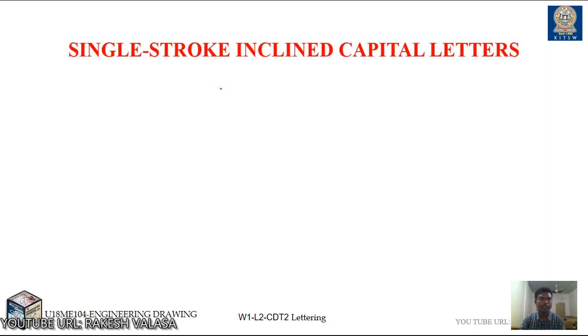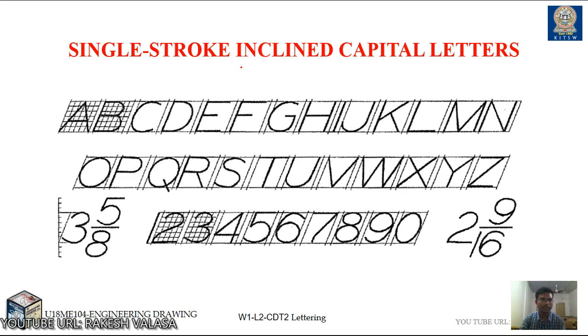The next one, single stroke inclined capital letters. This is similar to single stroke vertical capital letters. The major difference is that this inclination makes an angle of 15 degrees with the vertical and 75 degrees with the horizontal.